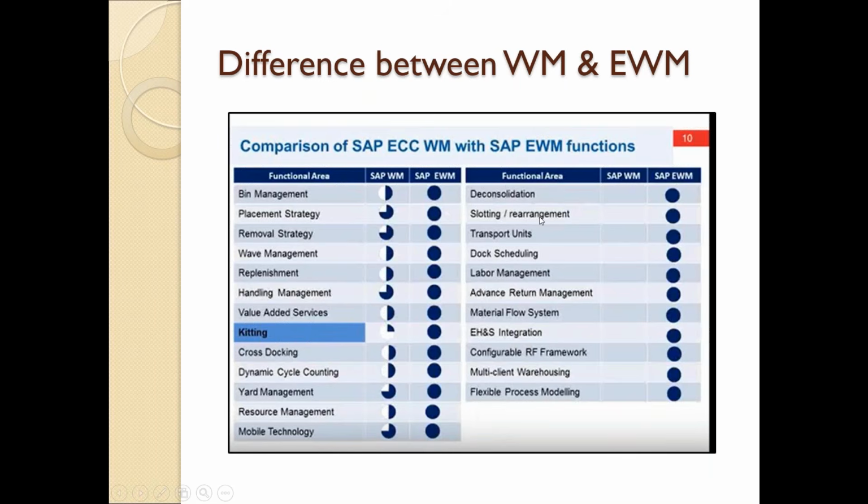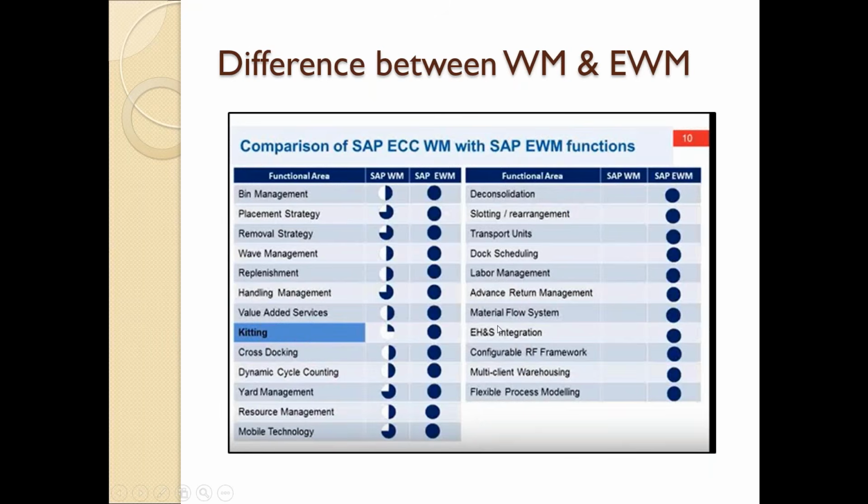Slotting and rearrangement: sometimes you want your warehouse products to be slotted, and at that point of time we make use of slotting and rearrangement. Dock appointment scheduling, where you give appointments or plan your trucks before they come to your warehouse, we do not have in WM. Labor management: how effectively you are planning your resources and how they perform within their 8 or 10 hour shift.